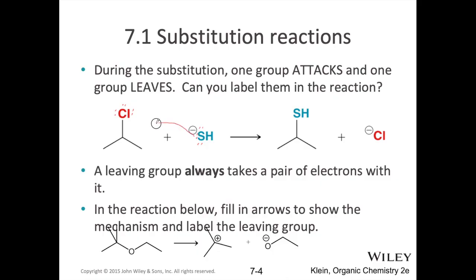Basically, we have our nucleophile attacking that carbon, which is the actual electrophile here, not the chlorine. The electrophile is this partially positive carbon that's attached to that chlorine. That electronegative chlorine is pulling electron density away from that carbon, giving it a partial positive charge and making it pretty electrophilic.